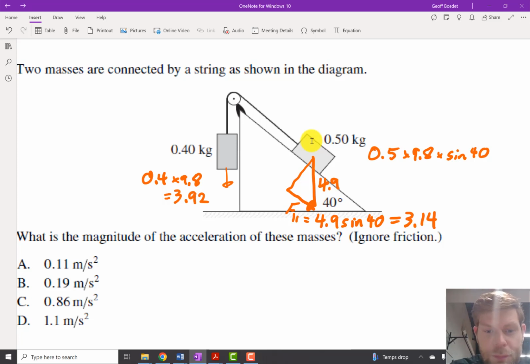So then we'd do a big minus small equals m a. If it had friction here, we'd do our big force minus our small force minus friction as well, equals m times a.